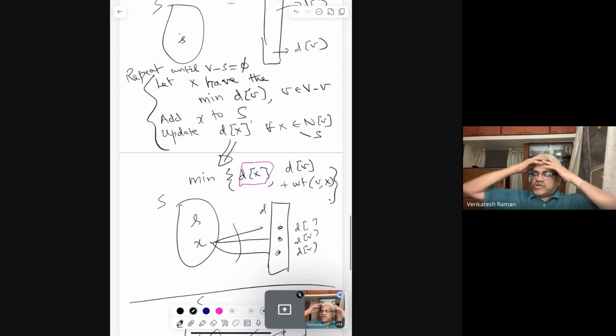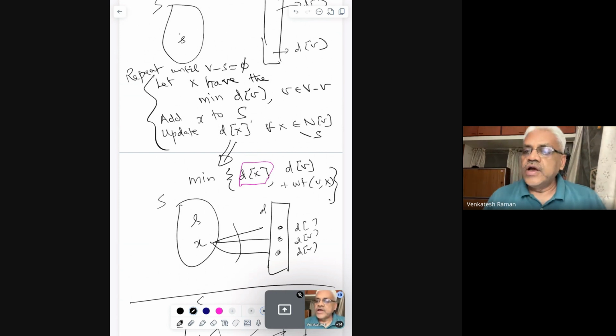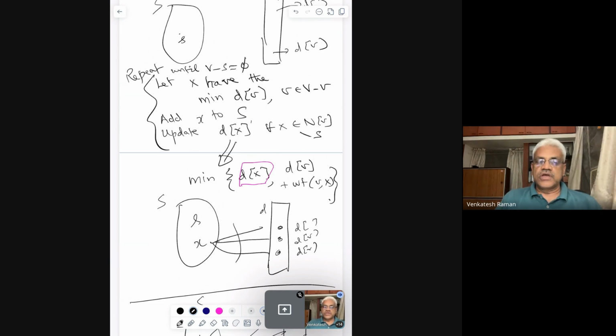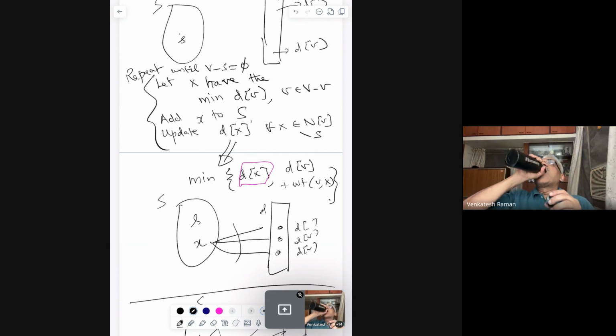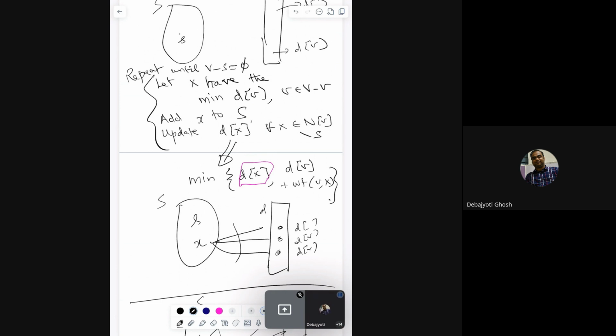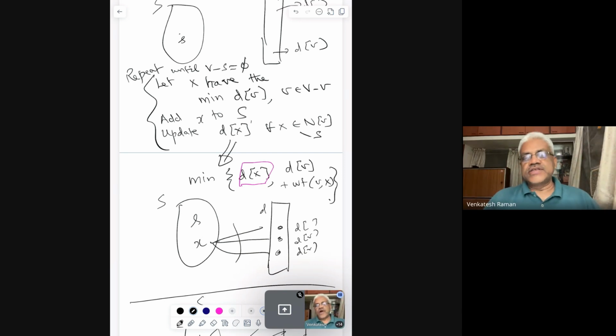Okay, so what is the complexity of this algorithm? I don't know how many of you are even bothered to do the complexity of this in the course. Actually, you should. Can somebody take a crack at what the complexity would be? Yeah, the naive implementation is order n square, and then using a binary heap and a Fibonacci heap. We'll come to that. Why is the naive implementation n square?